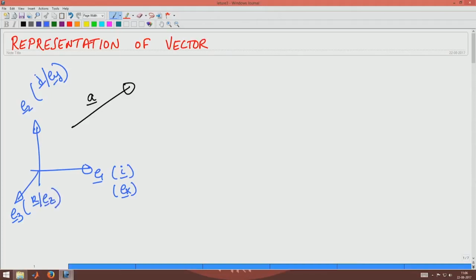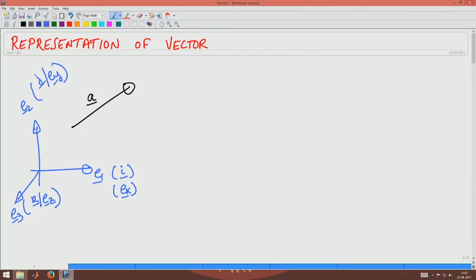Okay. Now, this directed line segment A you want to represent using E1, E2, E3 as the three directed line segments. What does this mean? It is like representing numbers, say 99 as 9 into 10 plus 9, there is a representation of 99, right. Similarly, you want to represent this A using these three directed line segments E1, E2, E3.